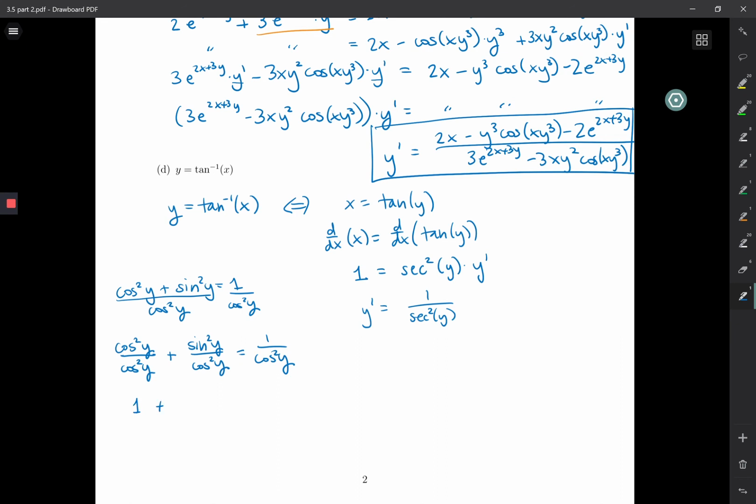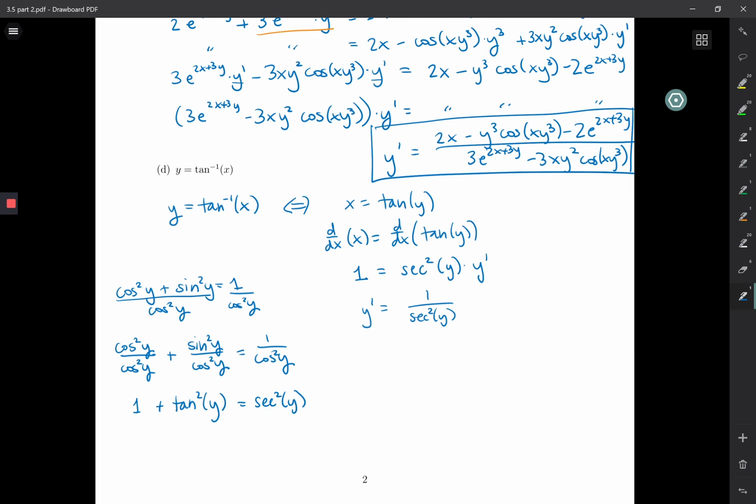Then remember that tangent is equal to sine over cosine, so we can rewrite this piece as tangent squared of y. And the last one, one way you can define secant is 1 over cosine, so this is secant squared of y. Okay. So what we get is that secant squared y is equal to 1 plus tangent squared y, right?